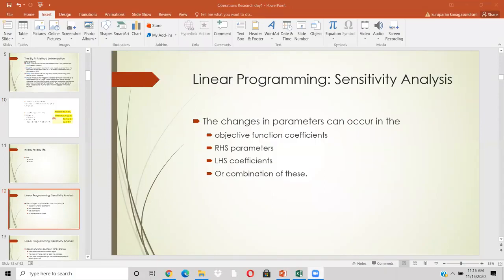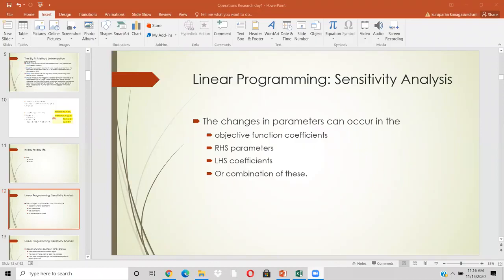Sensitivity analysis. What do you mean by sensitive? If I am saying the person is sensitive, what does it mean? The person will react quickly, or react less quickly, or he or she doesn't react.